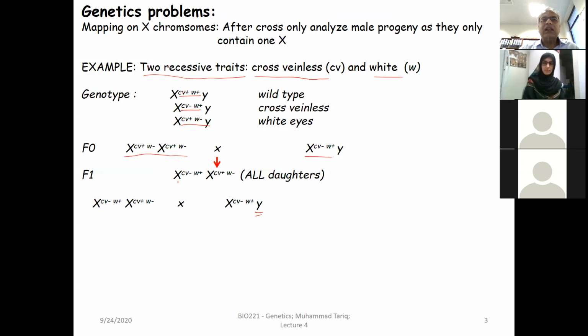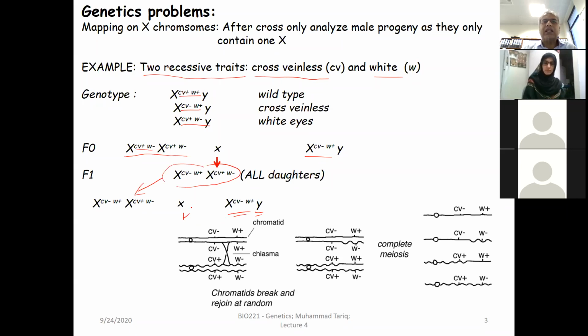In F1, due to recombination between cross-veinless and white, we will get specific phenotypes. And if you cross the F1 female with cross-veinless males, in the next generation you get the numbers.